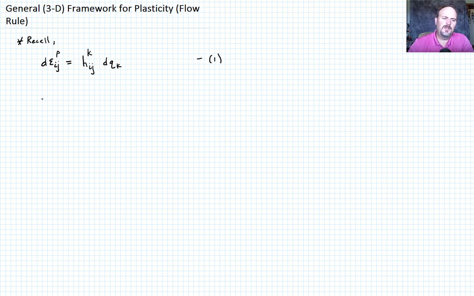We'd also said at the end of our last module that the change in the internal state vector dq k, during any stress increment or plastic strain increment, is going to be equal to a scalar quantity b times some direction that we'll call t k. The reason we separated them out like this was because t k was a function of only sigma and q, some vector direction.